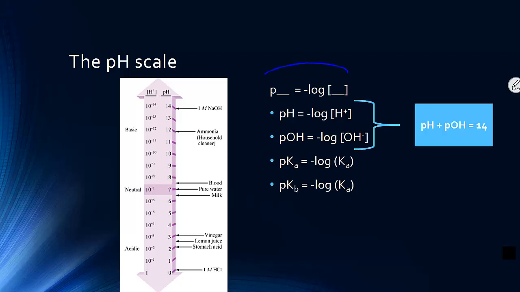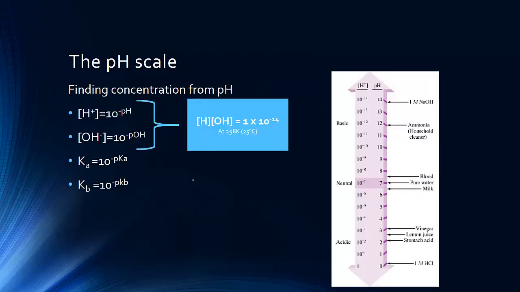Please remember that p anything is the negative log of that value. If we have the pH, however, we can go back to the concentration by undoing the log. So we'll raise 10 to the negative pH to get the concentration of hydrogen. Or if we want the concentration of hydroxide, we'll raise 10 to the negative pOH.